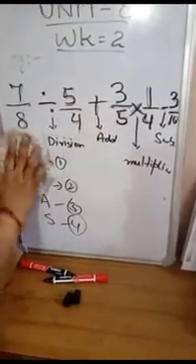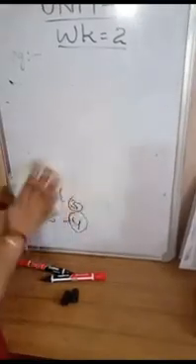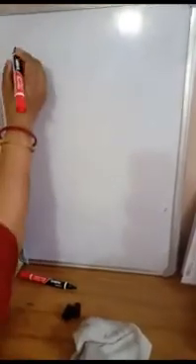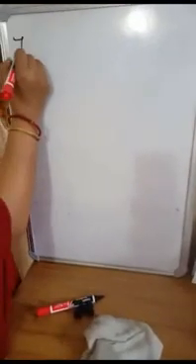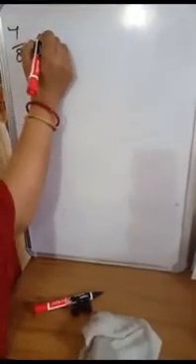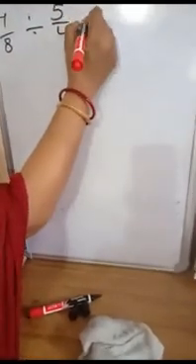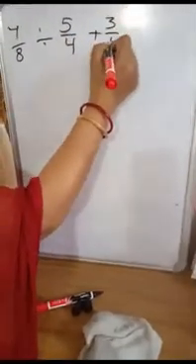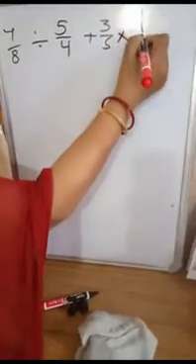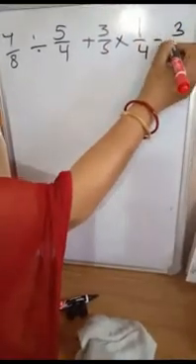So here also, in this example, 7 by 8 divided by 5 by 4 plus 3 by 5 into 1 by 4 minus 3 by 10.